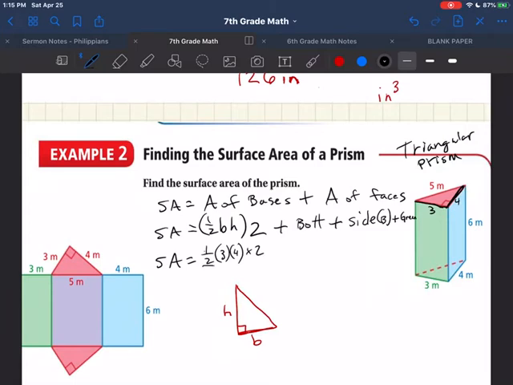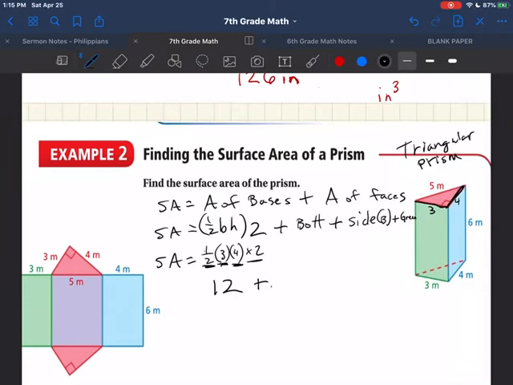Okay, so I'm going to use the commutative property again and do 1/2 times 4, because 1/2 of 4 is 2. 2 times 3 is 6. 6 times 2 is 12. So again, 1/2 times 4 is 2, 2 times 3 is 6, 6 times 2 is 12. So we have 12 is the area of the bases, okay?